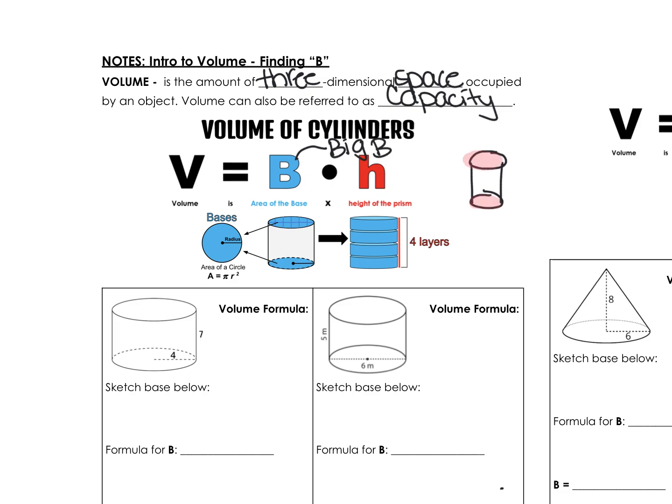Well, they're circles. So big B, we can replace, what we're doing is we are finding the area of a circle. And we know from our most recent notes that area of a circle is pi r squared. So what we're going to do here is replace this big B with our calculation for pi r squared, and then multiply it by our height.